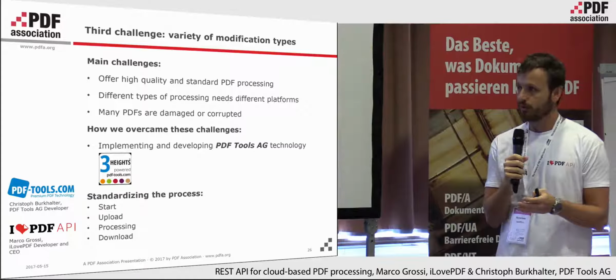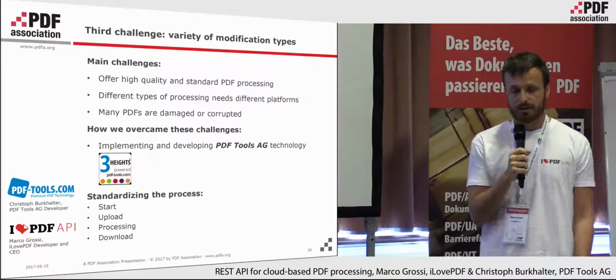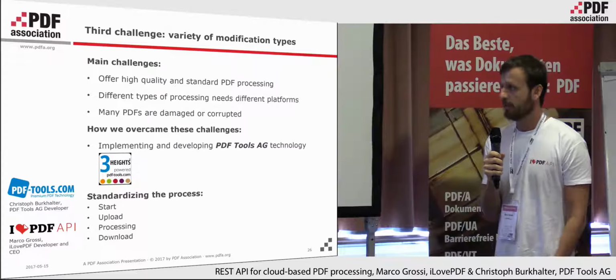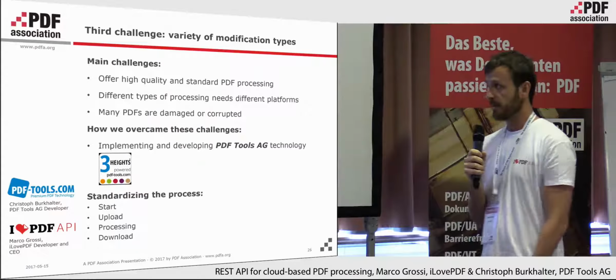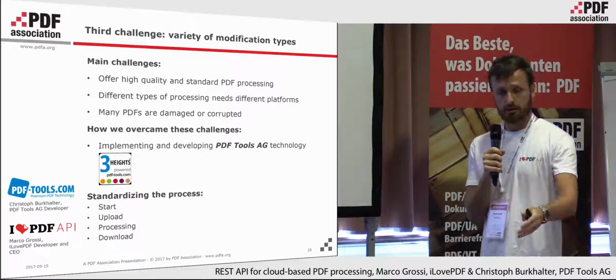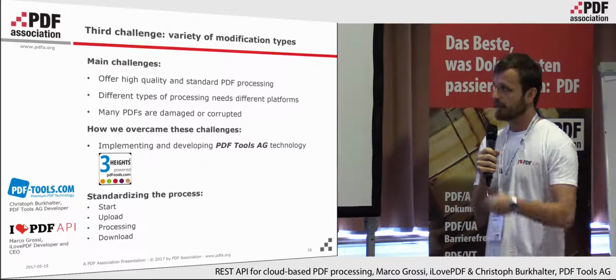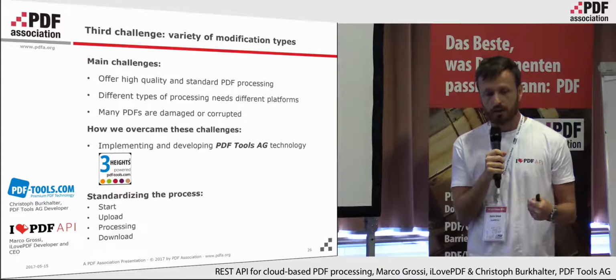In order to do that, we standardized the process in what we are calling a task. And a task is made of 4 clear steps. The first step is like a kind of handshake, where the balancer tells you which worker is assigned to you, so you can start the upload. The upload can happen directly from your local storage.